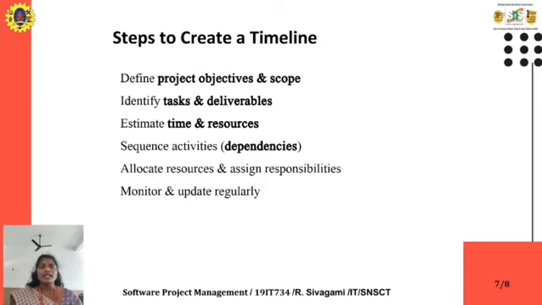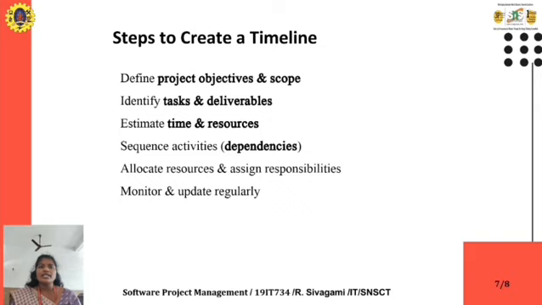Then identify the tasks and the deliverables: what tasks we are going to do in our project, and how it will be delivered. Then we estimate our time and resources.